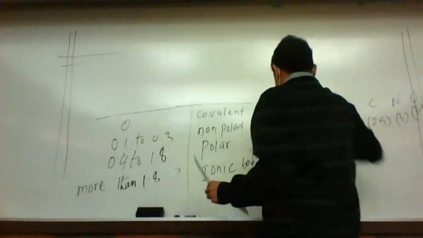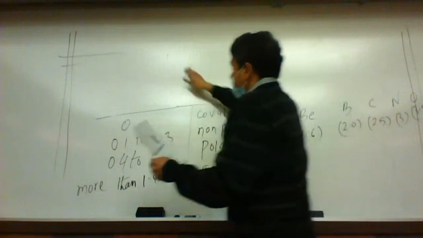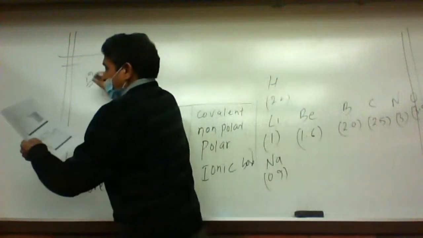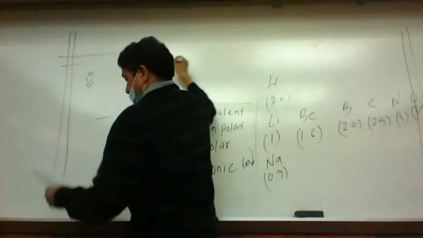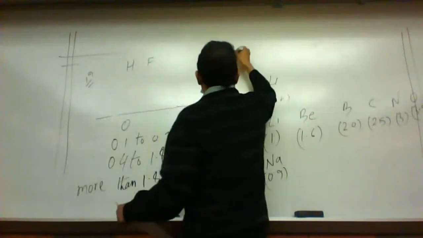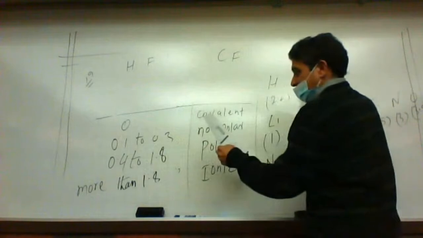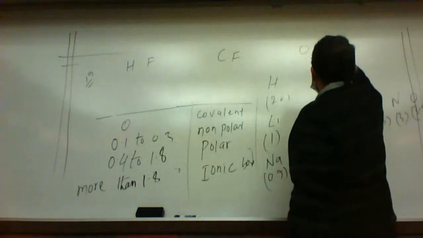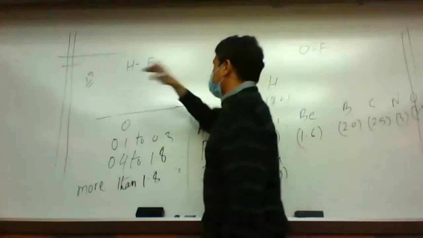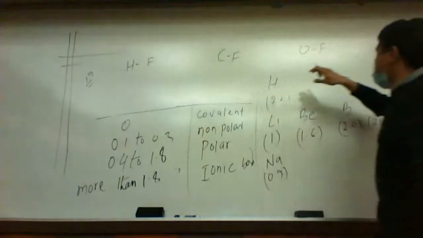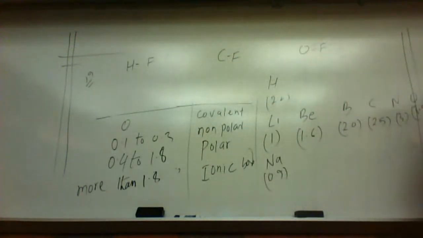In slide number 19, we are calculating which is the most polar: HF, CF, or OF. So we have these 3 bonds here, 3 molecules. One is the HF bond, another is the CF bond, another is the OF bond. So which one is most polar?